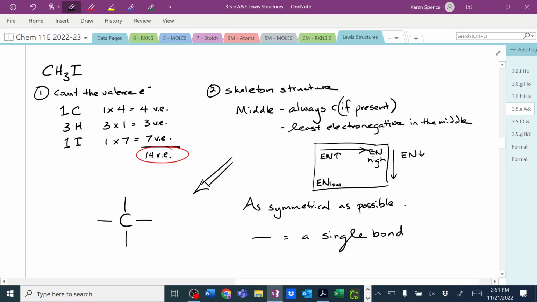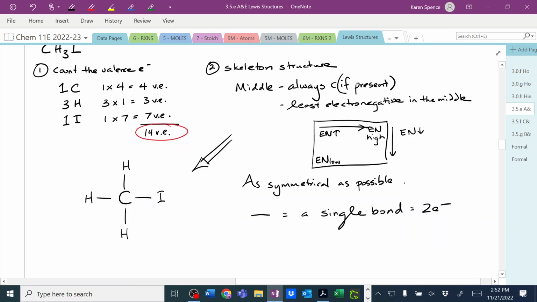How many electrons does that represent? 2 electrons. And then we're going to attach our other things. Hydrogen, hydrogen, iodine, hydrogen. Does it matter where I put the iodine? Nope, you can put it wherever you like. So that is our skeleton structure.